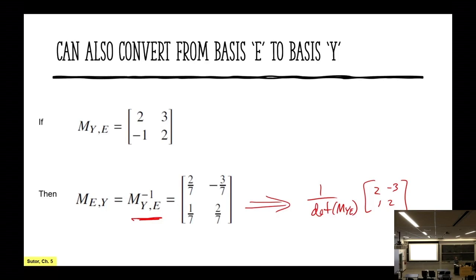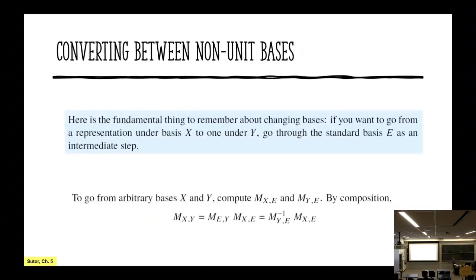So it's not always the case that we're moving between some weird basis y and the identity unit basis e. Sometimes we'll be moving between two bases that don't have easy to work with numbers, but the important thing to remember is that you can always go from a representation under a basis x to one under y by going through the standard basis e as an intermediate step.